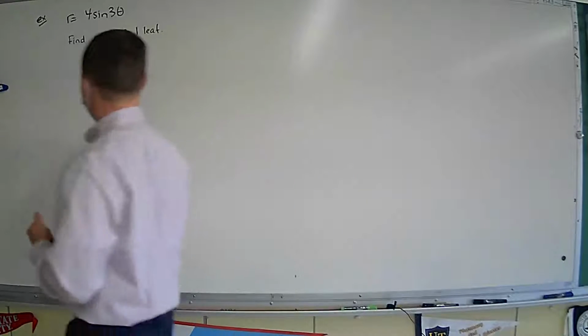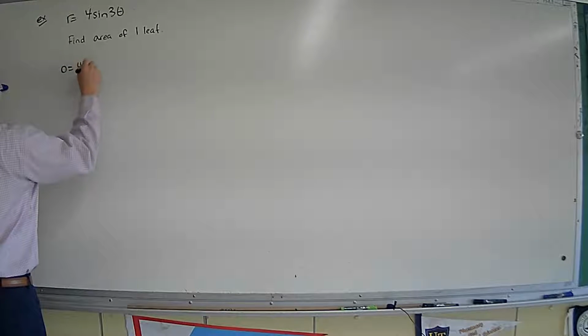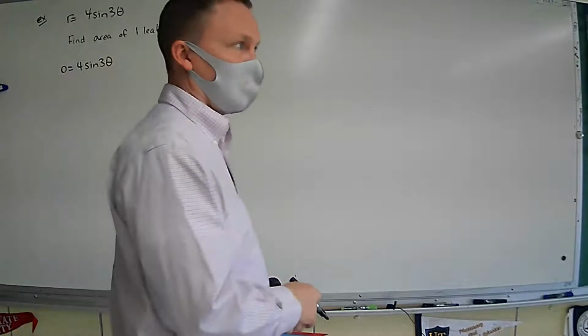If we're going to sweep out one leaf on this, okay, if it's going to go like this, what is r when we start and stop that leaf? 0. So let's algebraically find out what values of theta make r 0. We're going to solve that trig equation: 0 equals 4 sine of 3 theta. Now we've got to know our unit circle pretty well here.